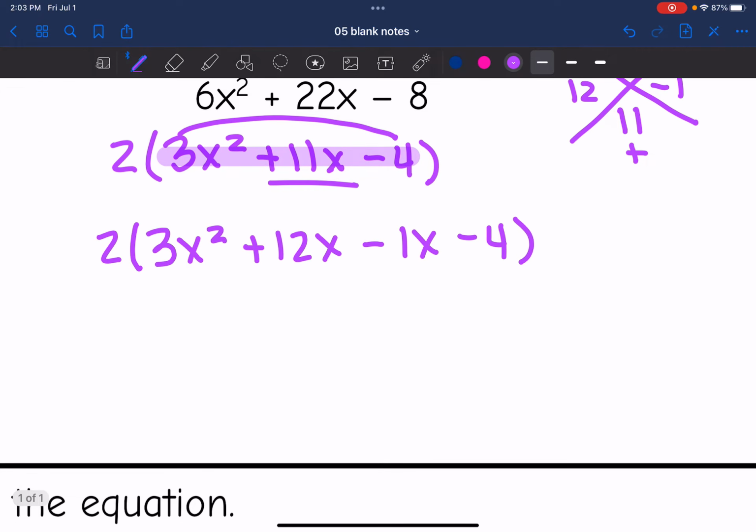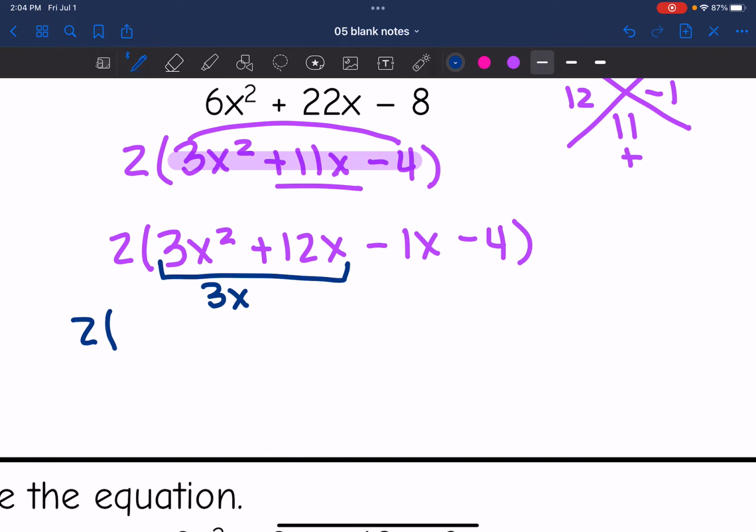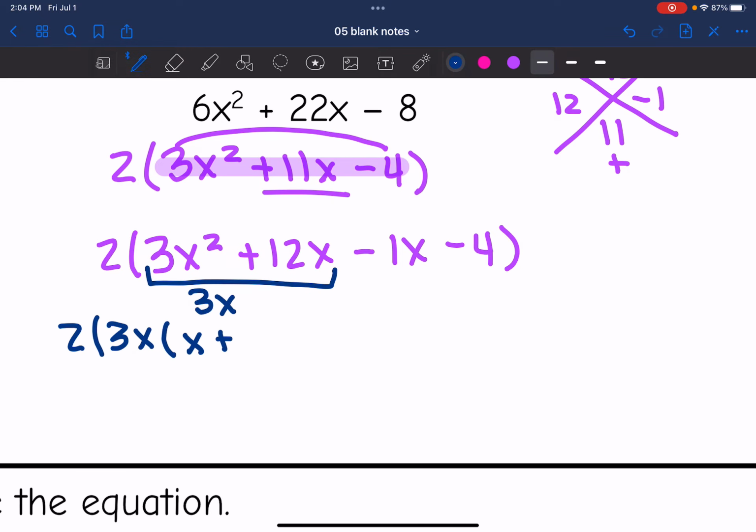Okay, and now I can factor this by grouping. So the GCF of 3x squared plus 12x would be 3x. So I get 2 times 3x, and then 3x squared divided by 3x is x, and then 12x divided by 3x is 4.